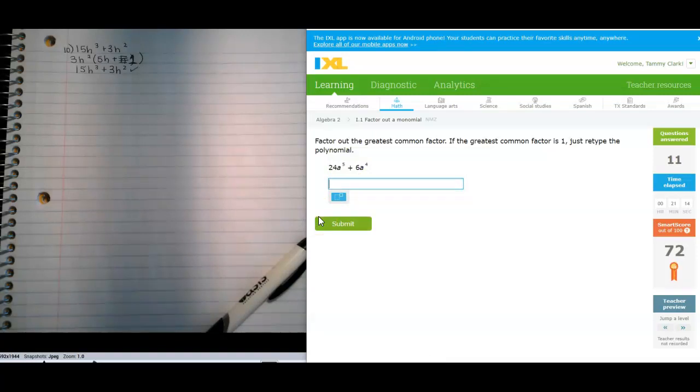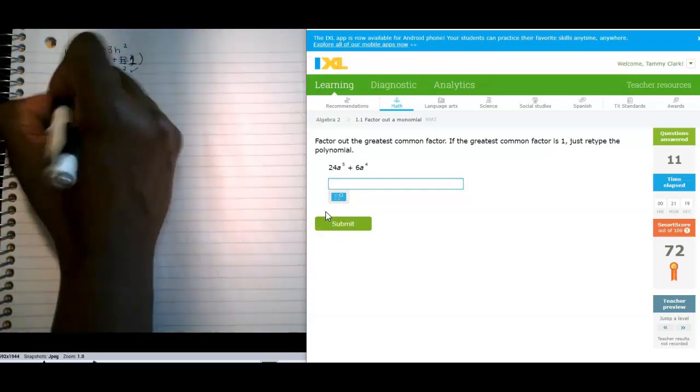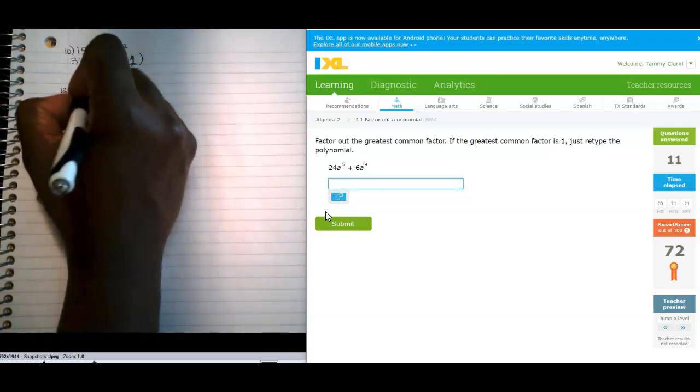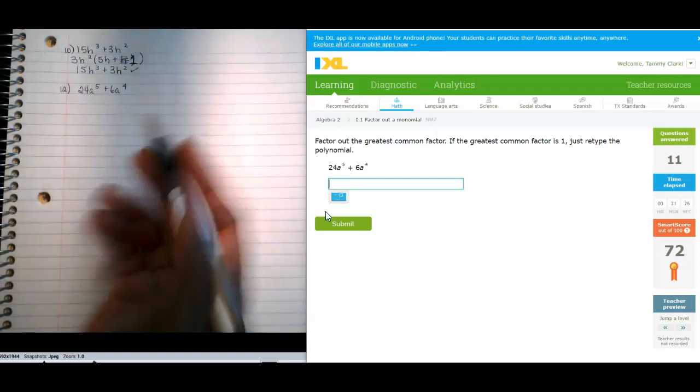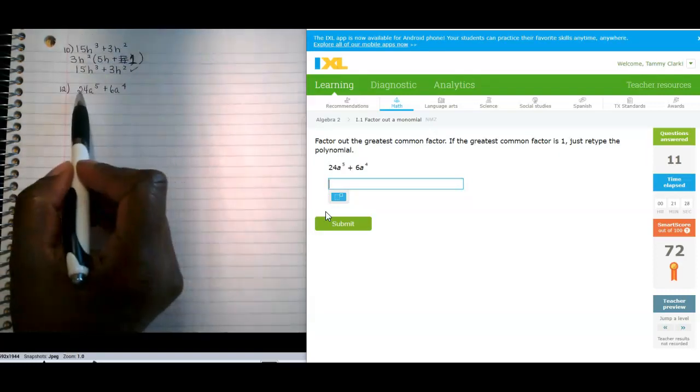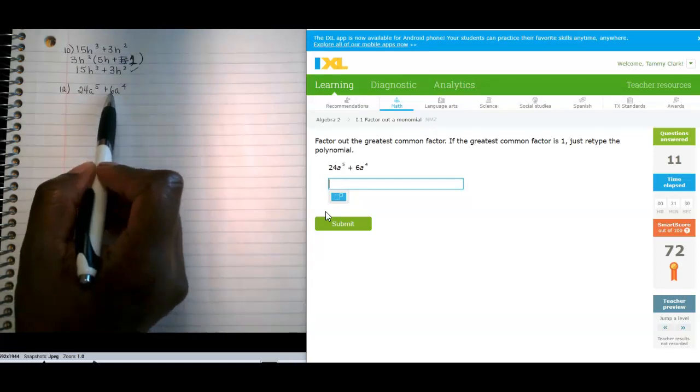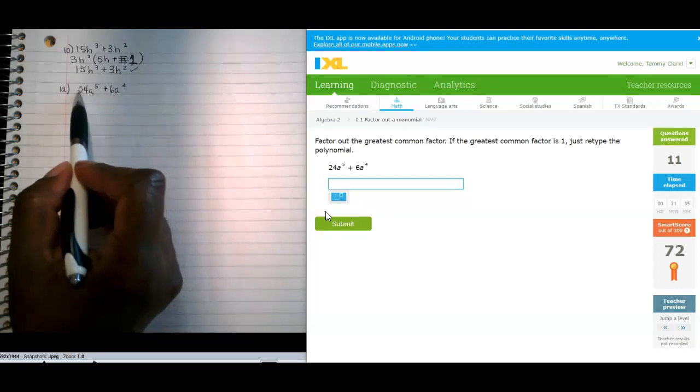Now we've got 24a to the 5th plus 6a to the 4th. And if you know your multiplication tables, you know that the factors of 6 are 1, 2, 3, and 6. The factors of 24 are 1, 2, 3, 4, 6, 8, 12, and 24.